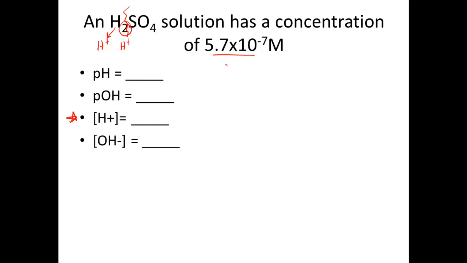Now right now I see that the acid has a concentration of 5.7 times 10 to the negative 10 molarity. Well, when it dissociates, it's going to produce twice as many hydrogen ions. So by a simple multiplication times 2, I end up finding out that H2SO4 will produce 1.14 times 10 to the negative 9th hydrogen ions.